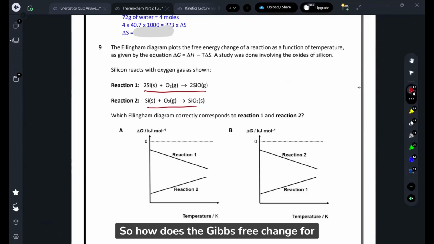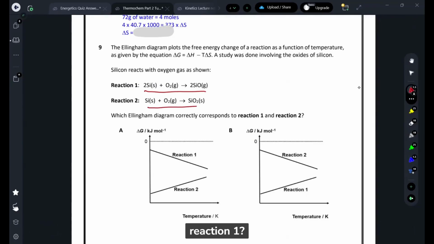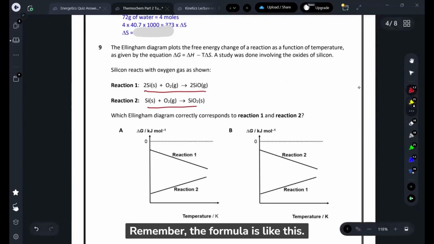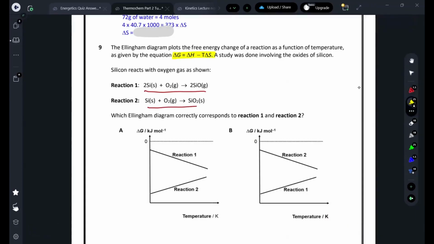So how does the Gibbs free energy change for reaction 1? Remember, the formula is like this.